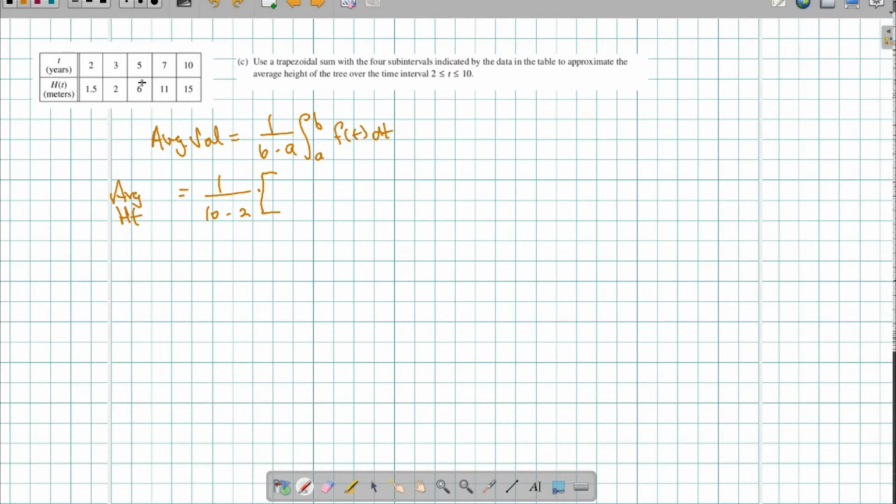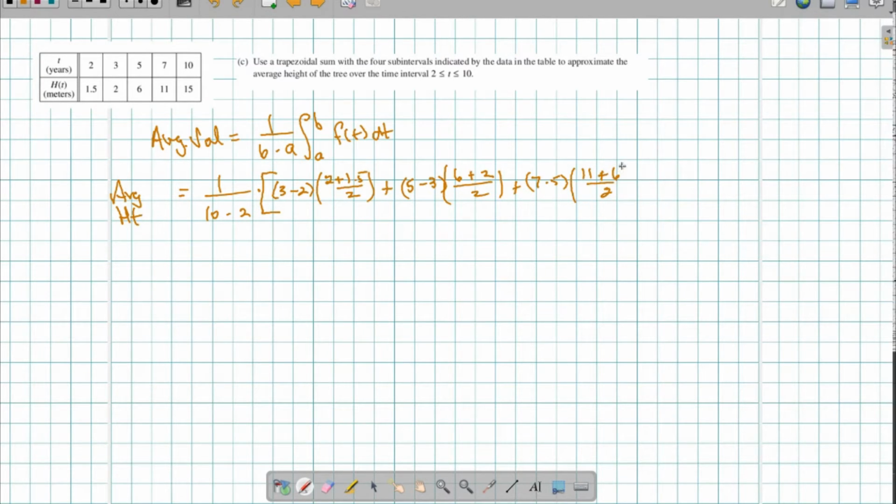So for my first trapezoid, my height is going to be 3 minus 2, and my bases are going to be 2 plus 1.5 over 2. That's my first trapezoid. My second trapezoid is going to go from 3 to 5, with my heights going from 6 to 2. My third trapezoid is going to go from 5 to 7, and my heights are going from 11 down to 6.